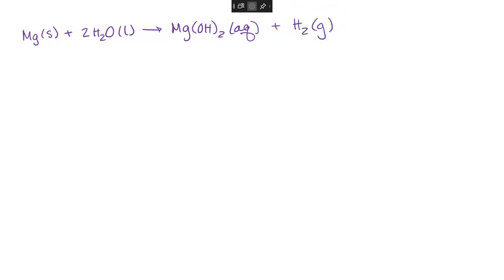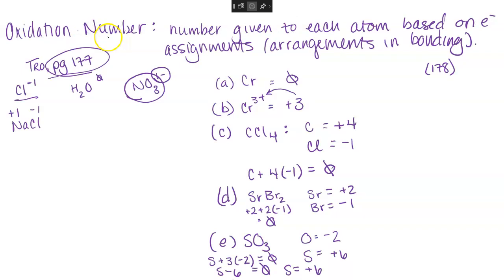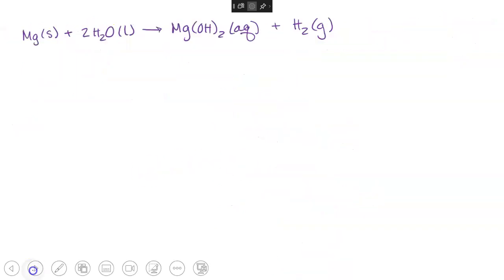Checking real quick that it's balanced. Well, it gives you a coefficient. It's probably balanced, right? But you can also check for hydrogens. 2 and 2 is 4 hydrogens, 2 oxygen, magnesium. So it is balanced. Okay, so we're going to determine what is being oxidized, what is being reduced.